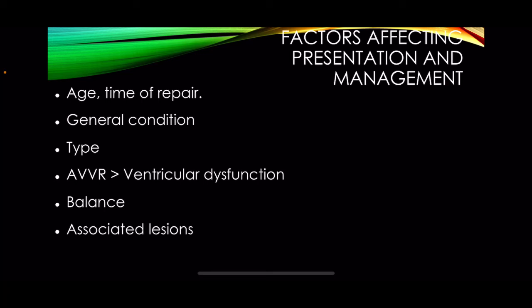So this can happen very early in this patient, maybe in the first year of life. That's why we need to correct those patients very early, maybe at 3 months of age.